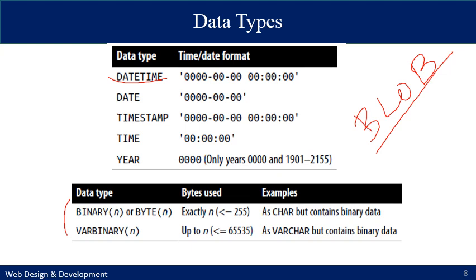However, in binary or varbinary, the value is stored as characters, but it contains the characters as binary data. That means the binary data is stored in textual or character form. However, in the blob, the binary data is stored only in binary form, just numbers such as 0 and 1.